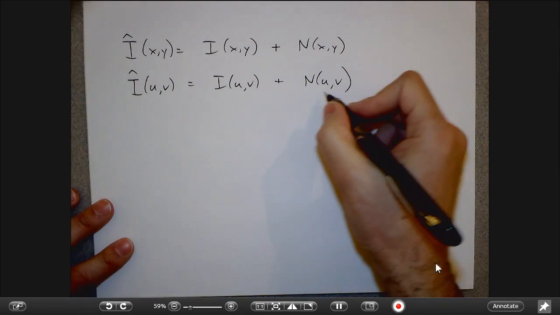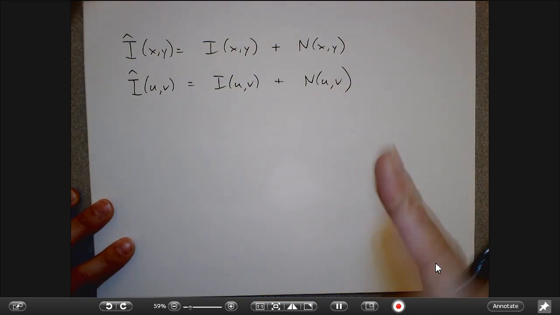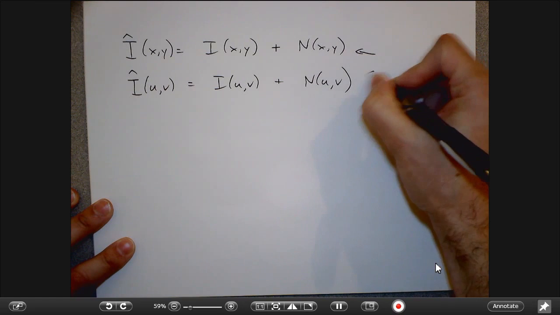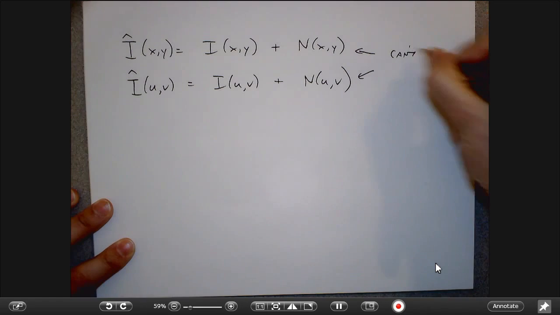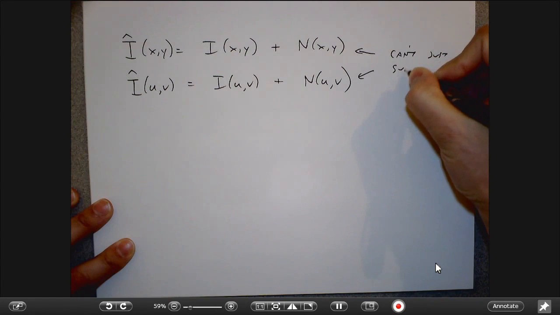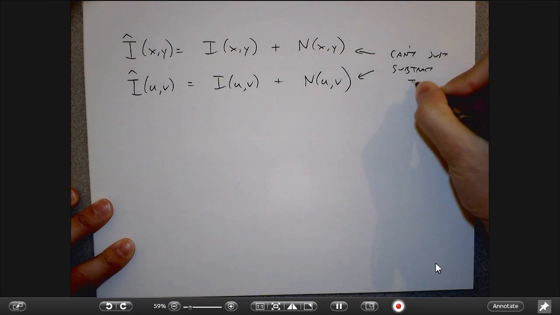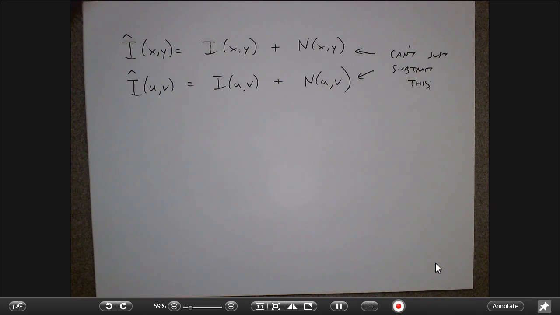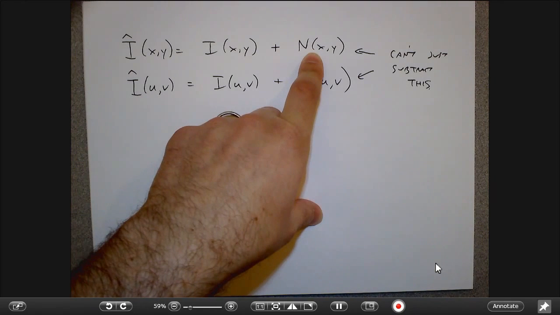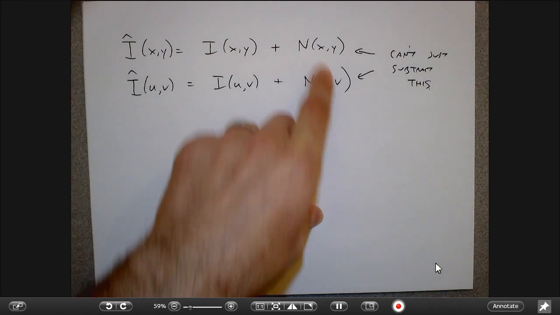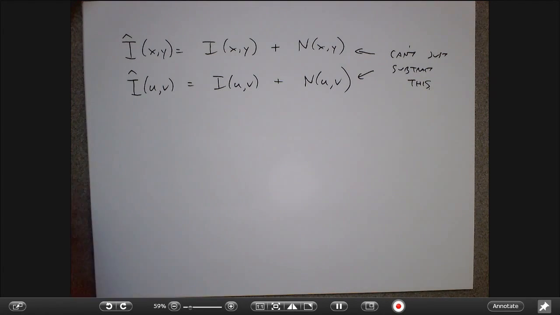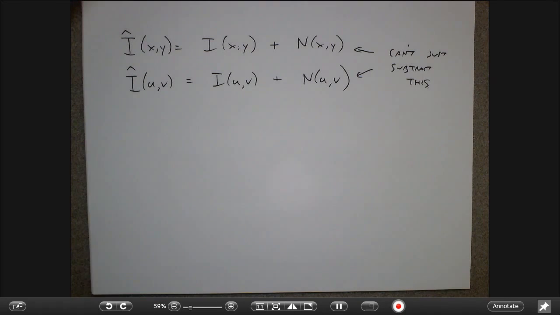So here is the unfortunate part: I can't just subtract this. Certainly I can't do it in the spatial domain because I don't know what the actual noise pixel that was added was. And unfortunately I can't really do it in the frequency domain either, because there could be image content at a given frequency bin as well as noise content, right?